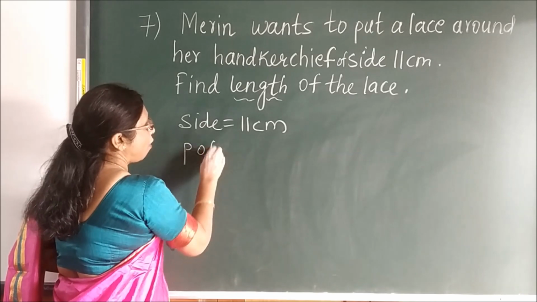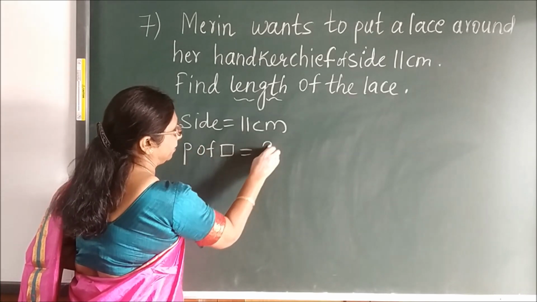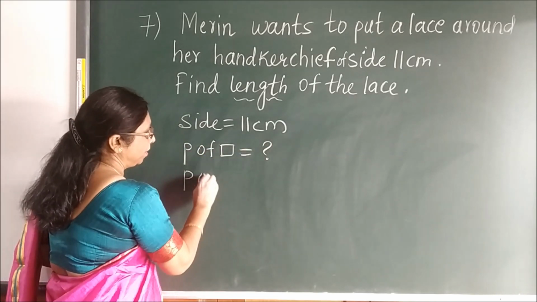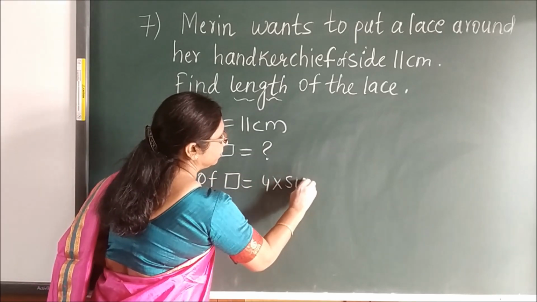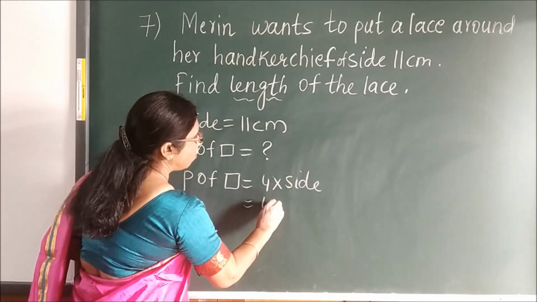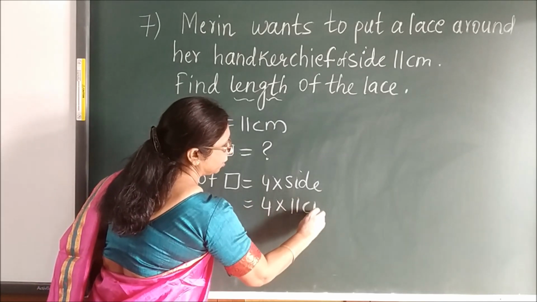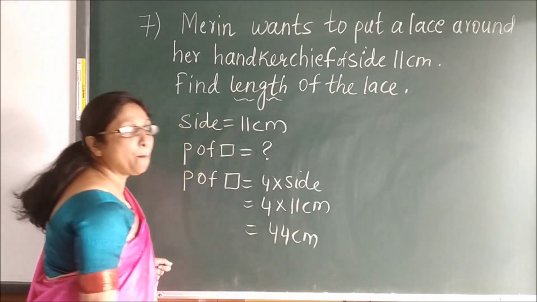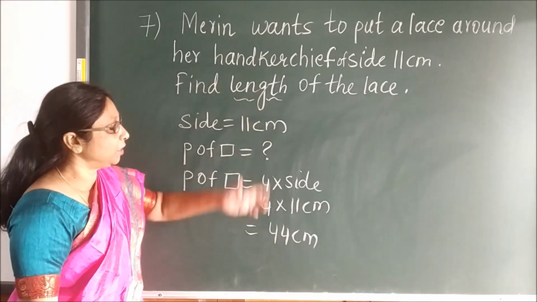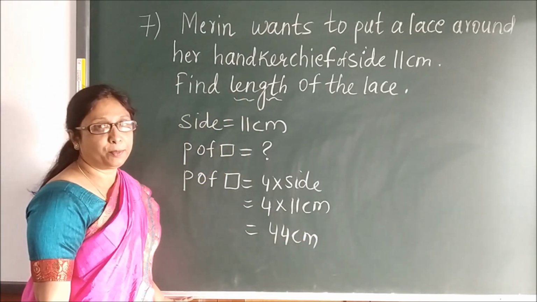Perimeter of square you have to find. So perimeter of square formula, 4 into side. 4 multiplied by 11 centimeter. When you multiply, you will get 44 centimeter. So the length of the lace is 44 centimeter.